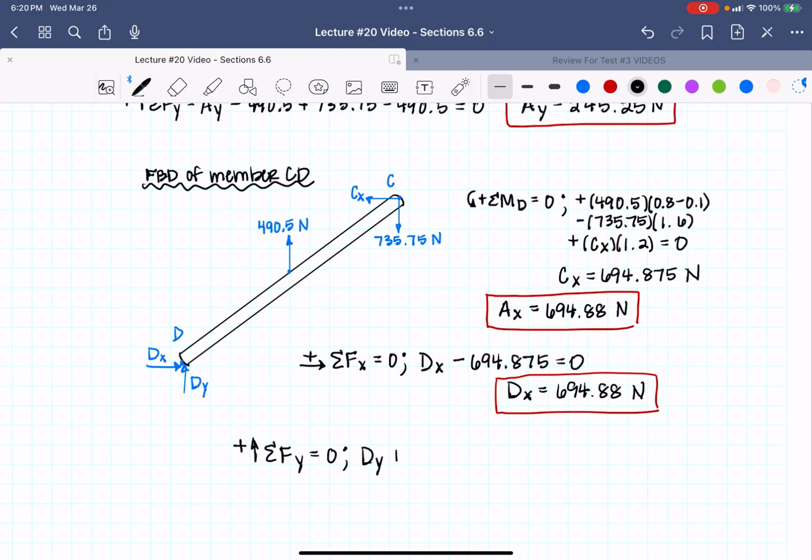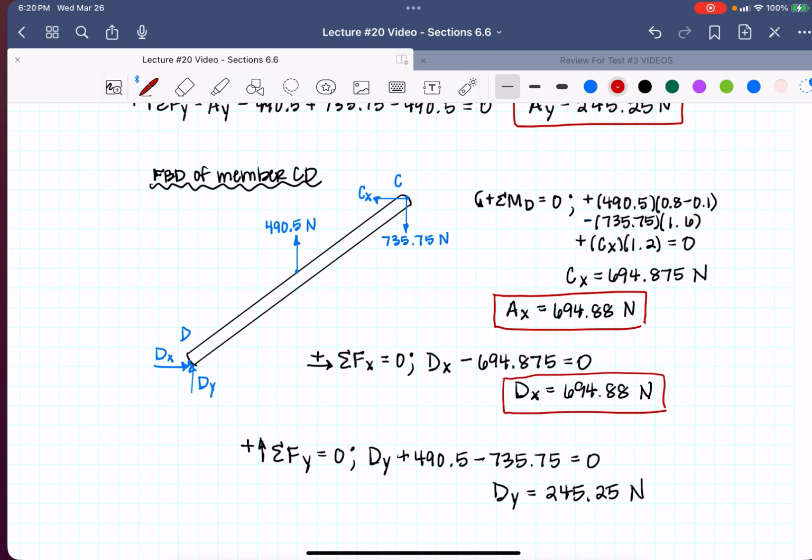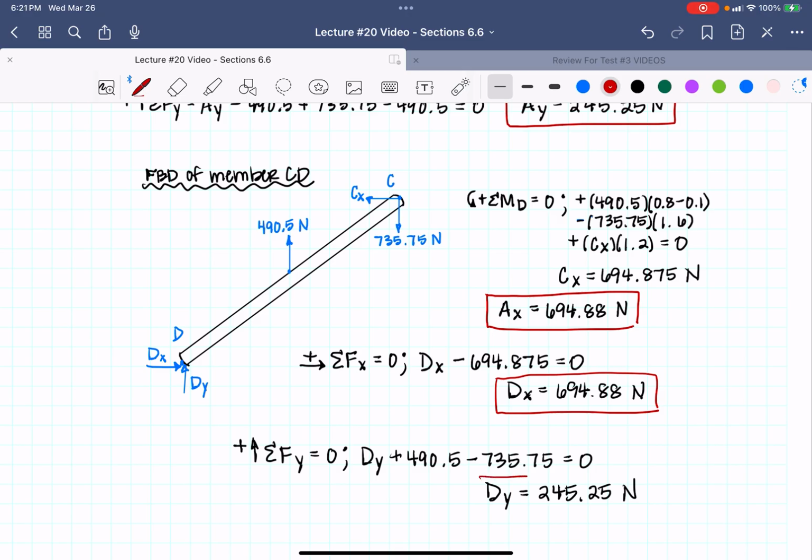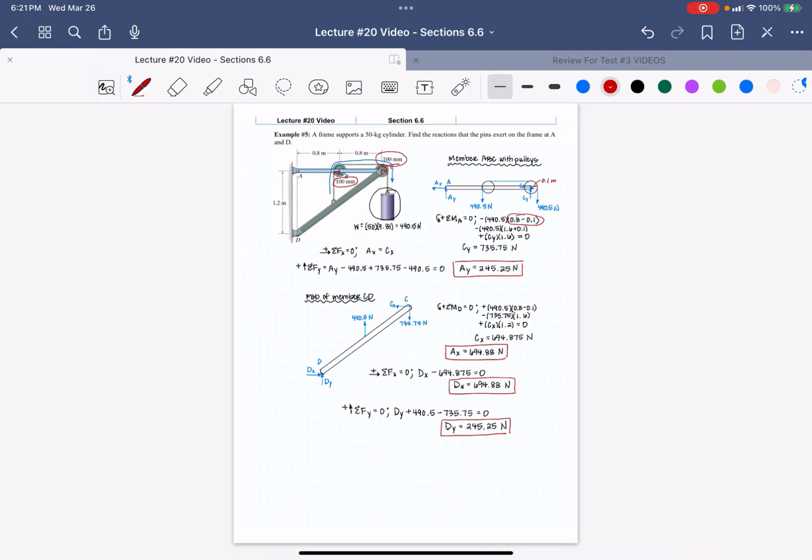I've got the 490.5 in a positive direction, and I've got the 735.75 in the negative direction, which gives me D of y equals 245.25 newtons. My last answer. I solved for everything it asked for. All right, so that is that problem.